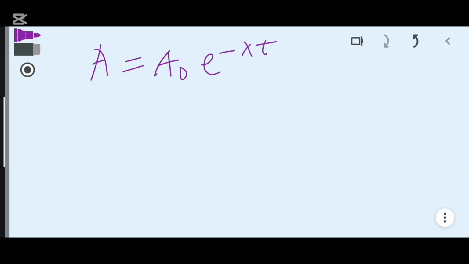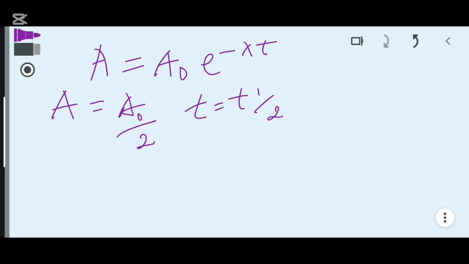For half-life, A equals A naught divided by 2, and t is the half-life. Substituting this into the equation, we have A naught divided by 2 equals A naught times e to the minus lambda t half-life.